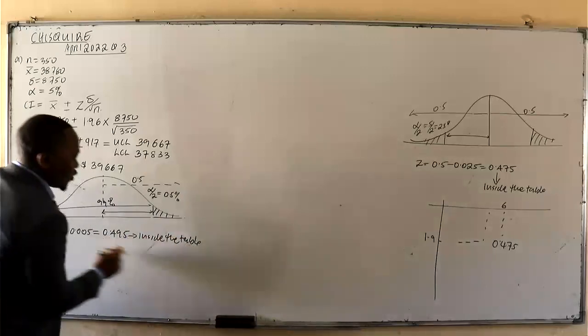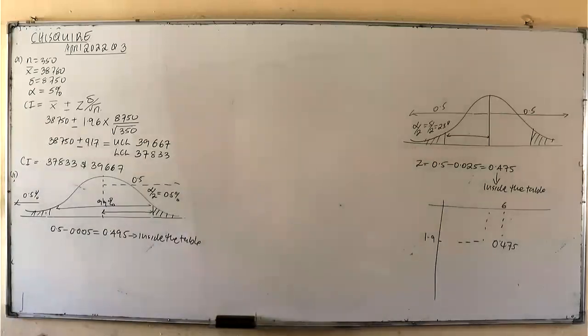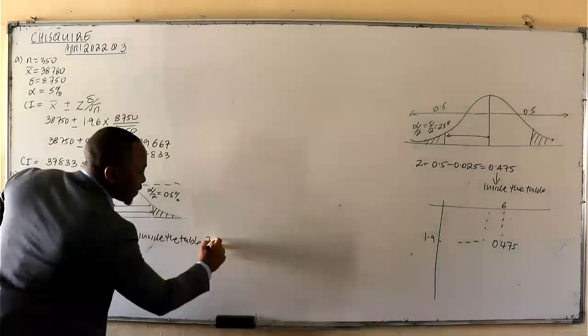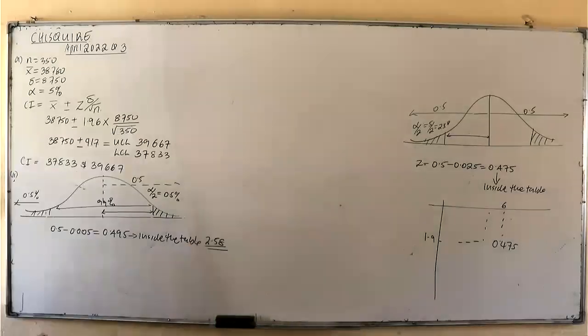It's not a must that you get exactly 0.495; you look at the figure close to that. What are you getting? 2.58. Correct. So this is our Z.